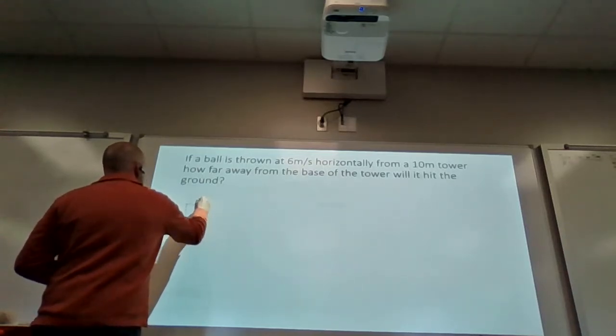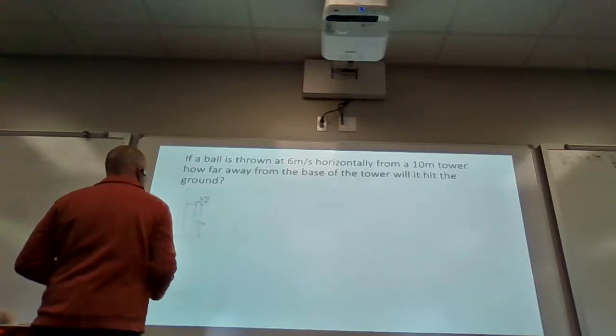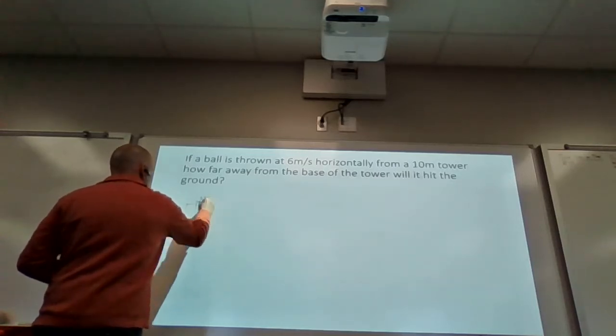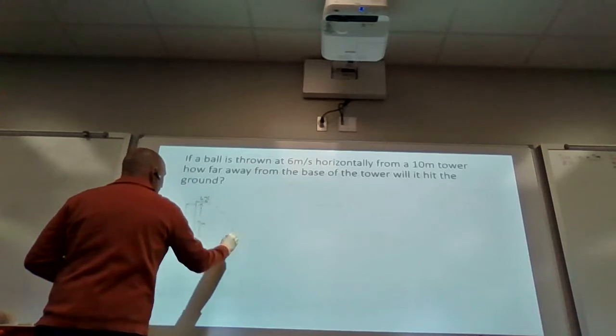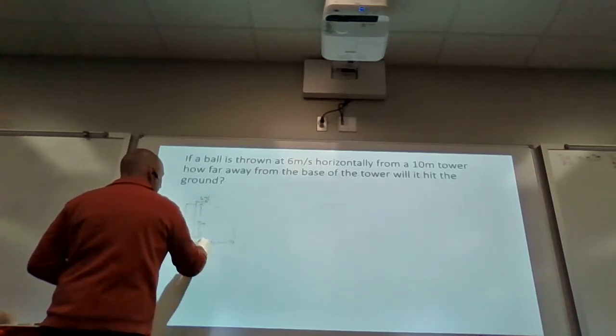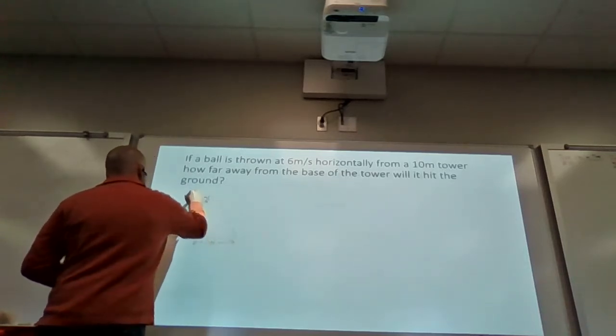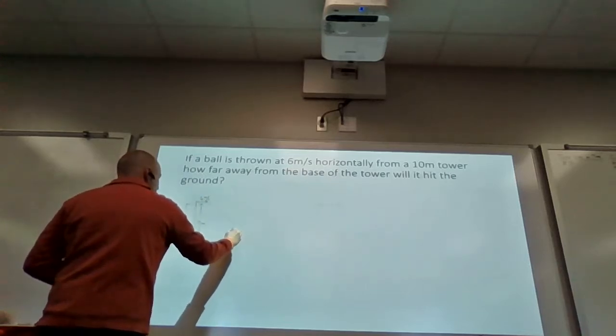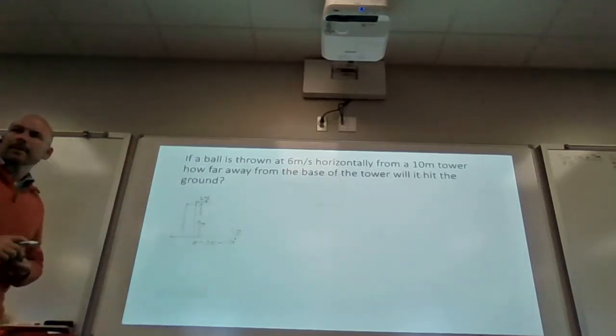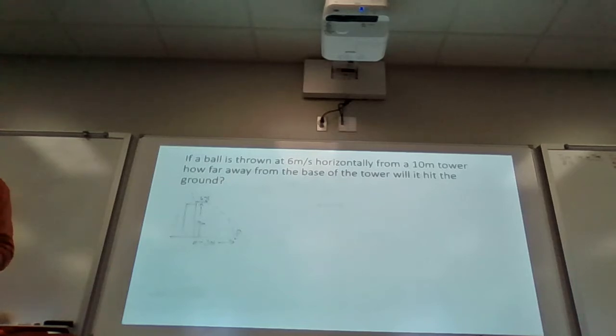I throw it at 6 meters a second. I want to know how far away it is going to be. Here's my initial position. Here's my final position. Okay. So there's the picture of this scenario.